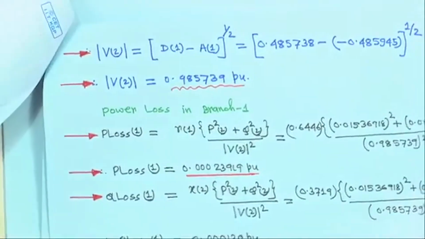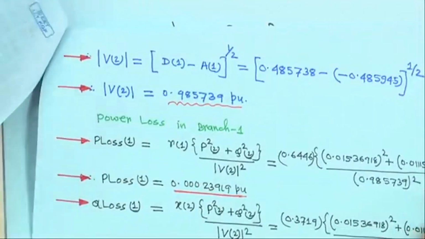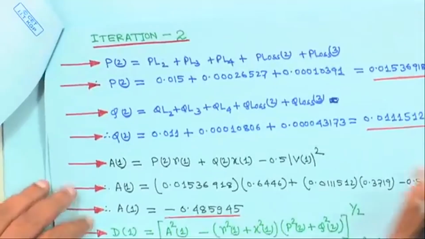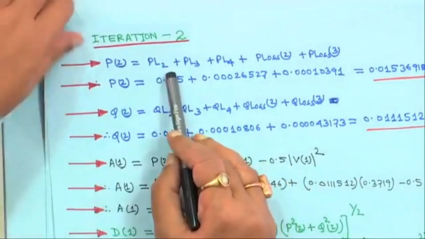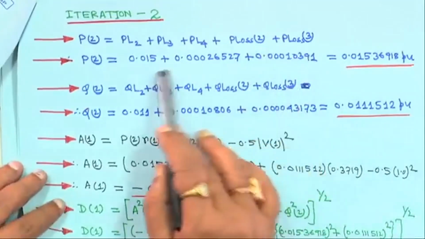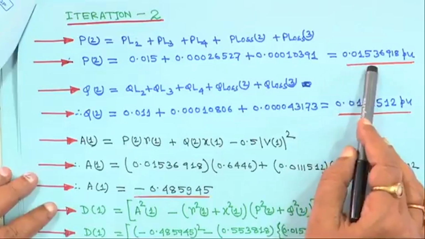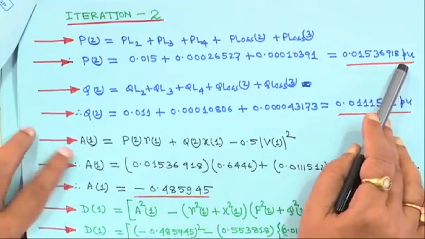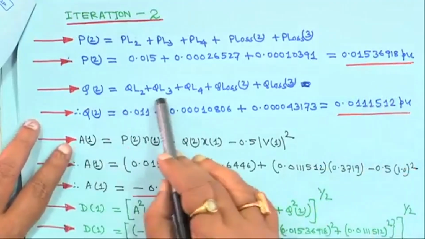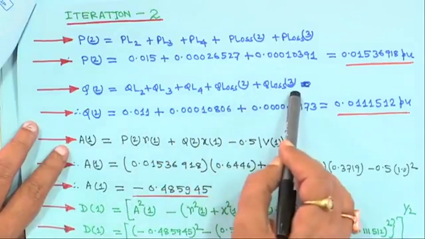That means iteration 2, P2 will be PL2 plus PL3 plus PL4 plus P loss 2 plus P loss 3. This loss we have computed just now. So, sum it up all, it will be 0.01536918 per unit. Similarly, Q2 will be QL2, QL3, QL4 plus Q loss 2 plus Q loss 3.